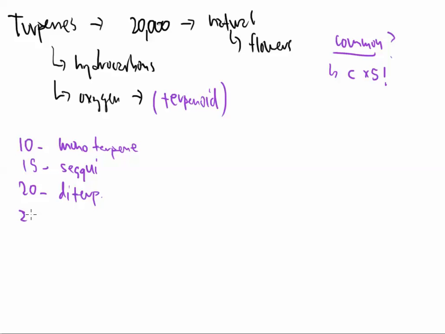If it has 25 carbons, we call it a sesterterpene. If it has 30 carbons, we call it a triterpene. If it has 40 carbons, we call it a tetraterpene. So the prefix that we use in the front of the terpene can give us an insight on how many carbons in total is involved in the structure.